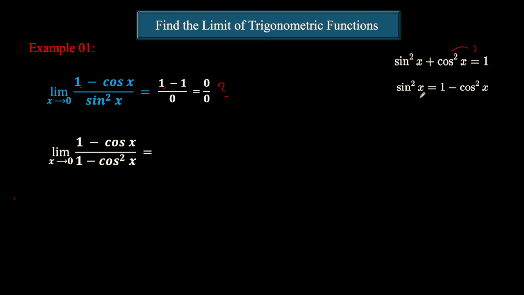So now we'll rewrite our expression, and instead of writing sine squared x, we will write 1 minus cosine squared x. Why? Because here we proved that sine squared x is equal to 1 minus cosine squared x. So writing 1 minus cosine squared x instead of sine squared x does not change the value of the expression, okay? This will help us to find the limit, okay?